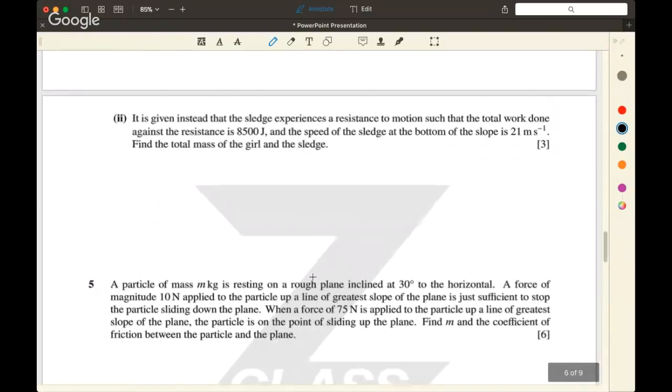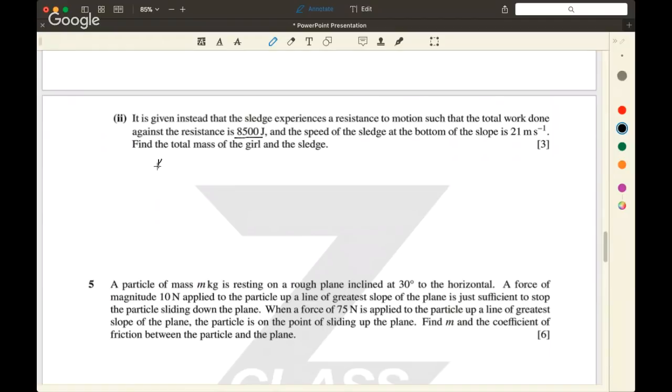So now instead they're saying, let's say that she does experience friction, resistance to motion, and they've told us the amount of work that gets done. Well, this is exactly the same situation, except you've got an extra term.